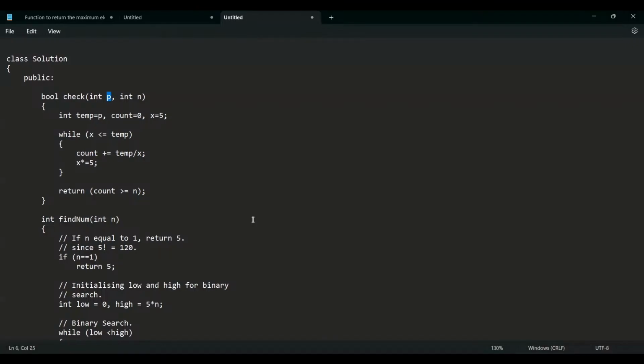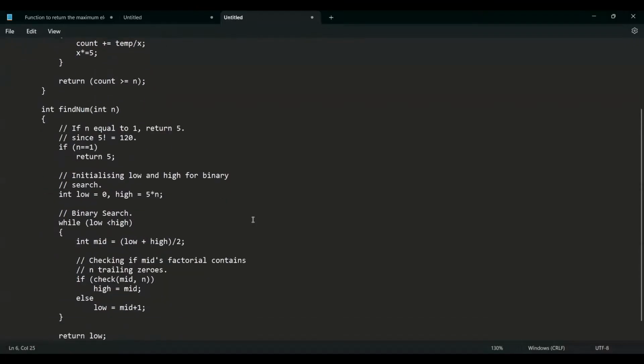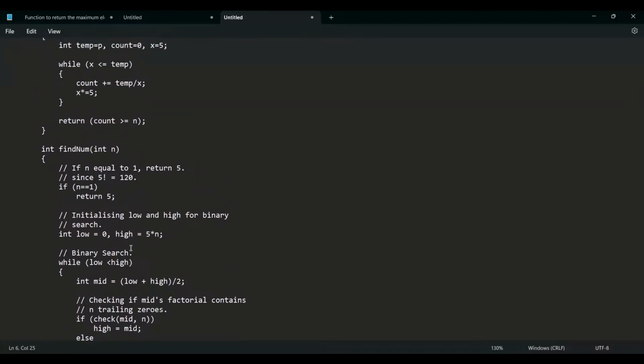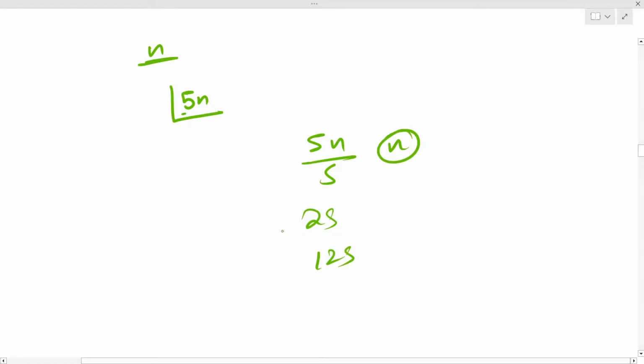Can you tell why we have taken high as 5 into n? Okay, like I said, if you want n zeros at the end, and the upper limit is 5n, then the factorial of this will have at least n zeros. Why? Because 5 is coming at least n times in this. Just divide 5n by 5, you'll get n. Forget about 25, 125, 625.